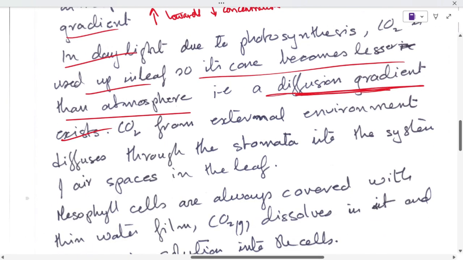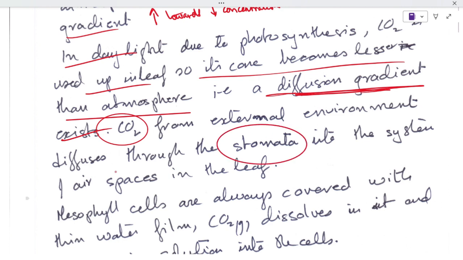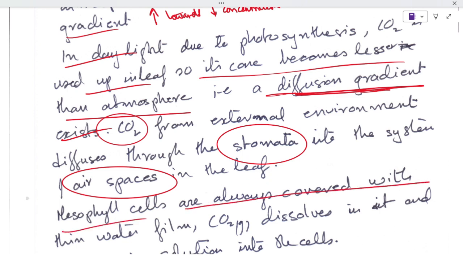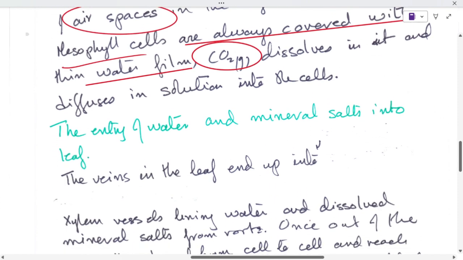Carbon dioxide from external environment diffuses through the stomata into the system of air spaces in the leaf. Now, I have already discussed the air spaces in the spongy mesophyll cells. Mesophyll cells are always covered with thin water film. Carbon dioxide gas dissolves in this thin water film and diffuses in solution into the cells.